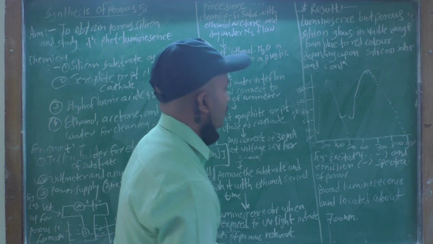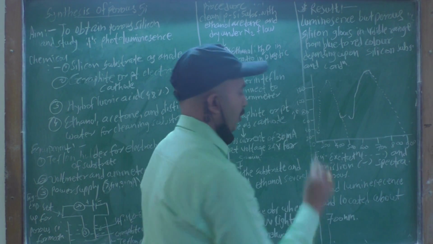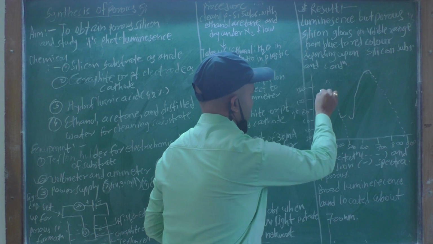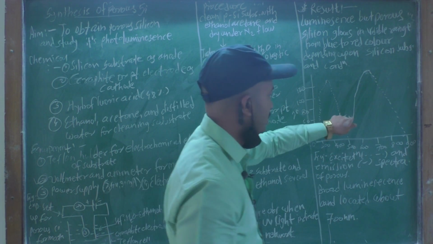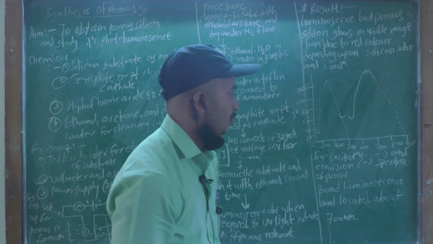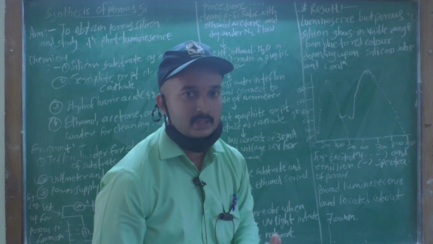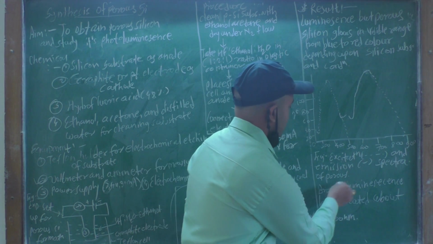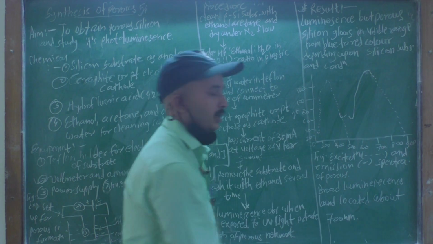Okay, this is a figure of the excitation and emission spectra of the porous silicon. The dashed line shows the excitation spectra, and the solid line shows the emission spectra. And lastly, the broad luminescence band is located at about 700 nanometer.